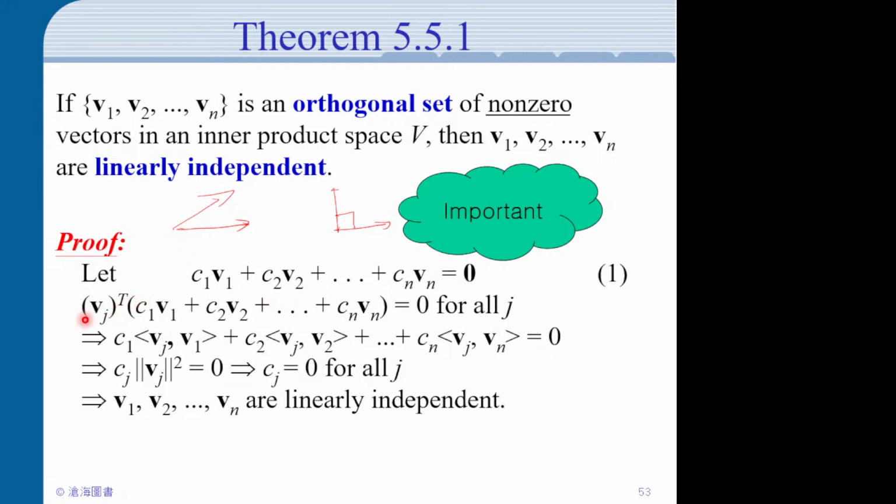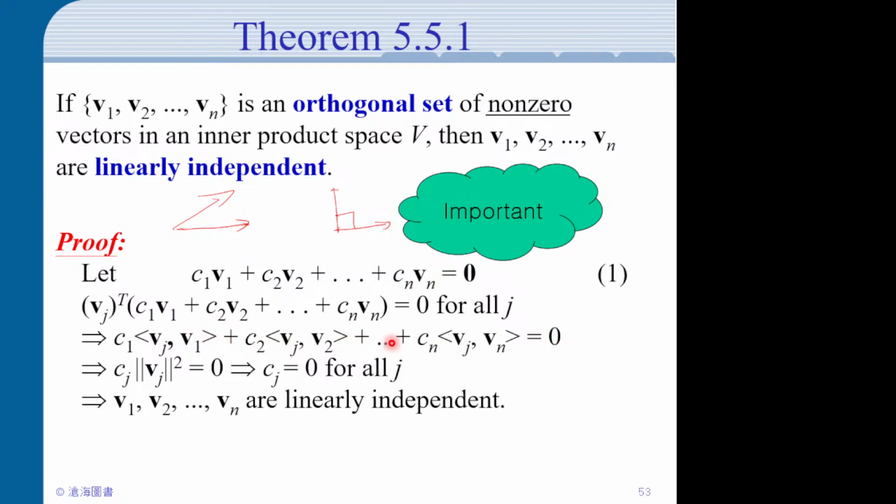So say we pick the jth one, and we take Vj inner product with all these things. Now we use the linearity of inner product, so this is a linear combination of all those inner products: the inner product between Vj and V1, Vj and V2, up to Vj and Vn.